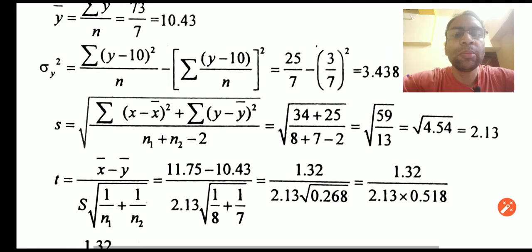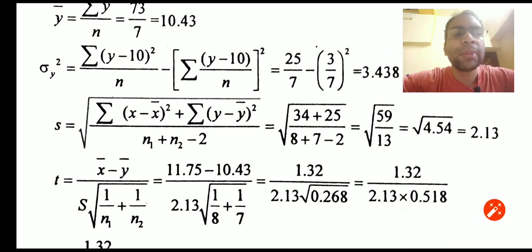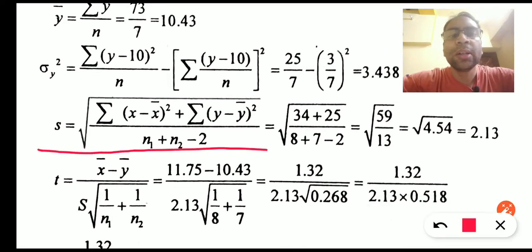So for the combined standard deviation, this is the formula: S is equal to the square root of sigma (x minus x bar) square plus sigma (y minus y bar) square, divided by n1 plus n2 minus 2, where we have all the values. The x are associated with the first sample, y is associated with the second sample, n1 is the number of items in the first sample, n2 is the number of items in the second sample.